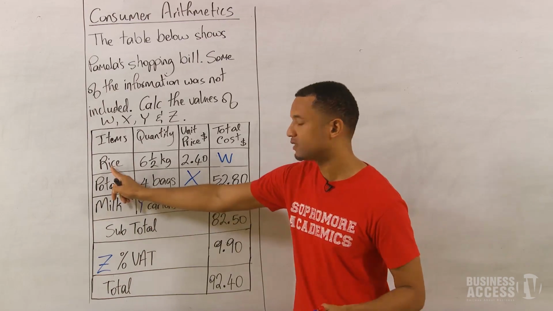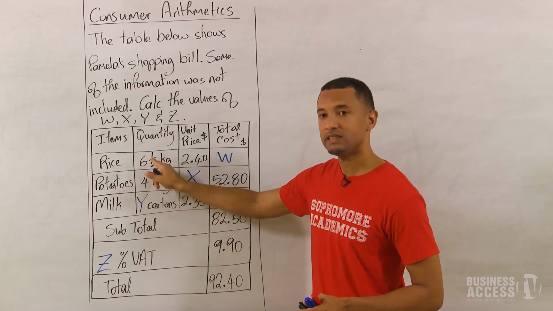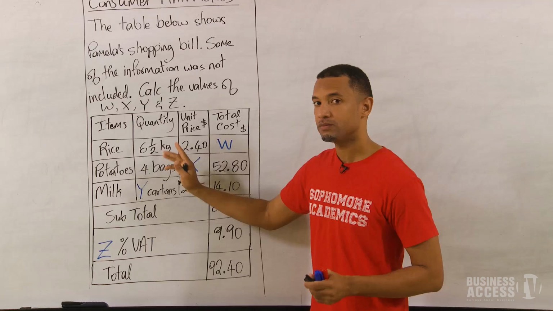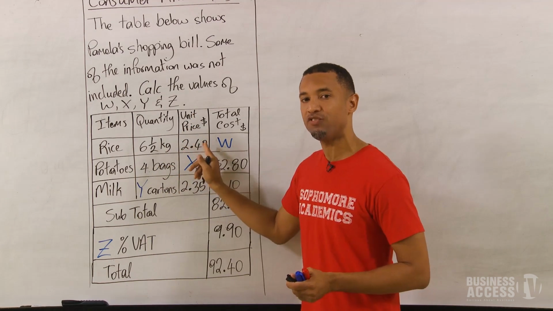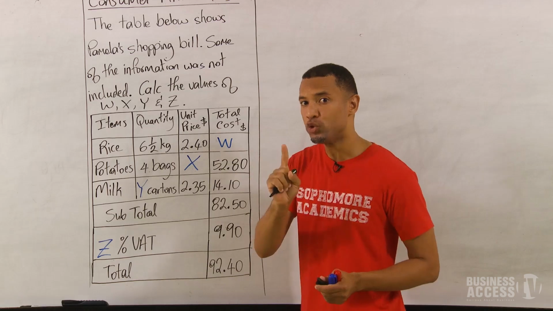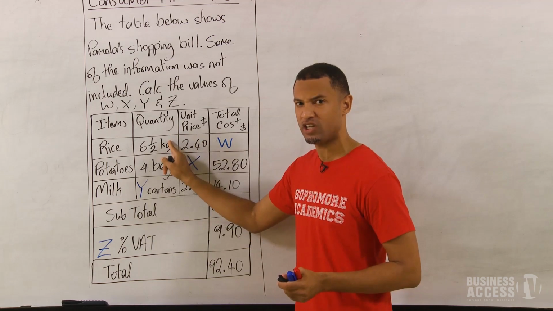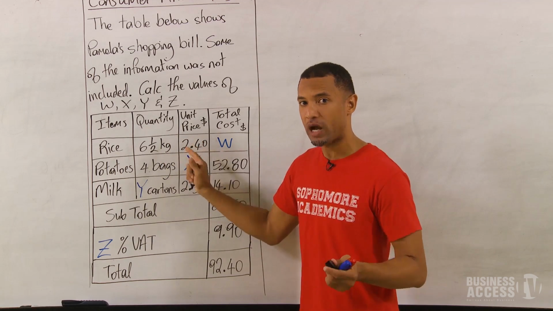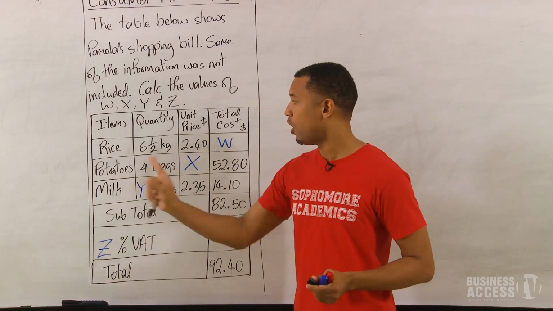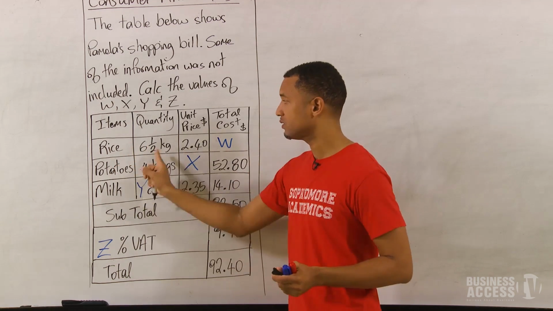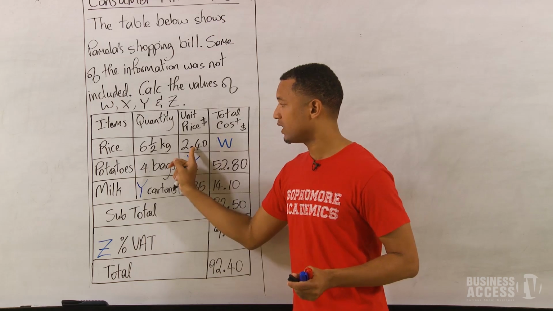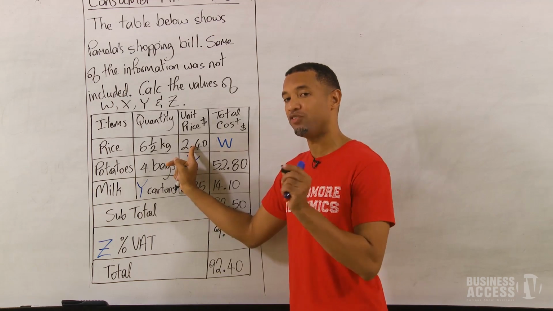So rice, she bought 6.5 kilograms, and the unit price is $2.40 per unit, which would mean the unit here is kilogram. So 1 kilogram of rice costs $2.40.